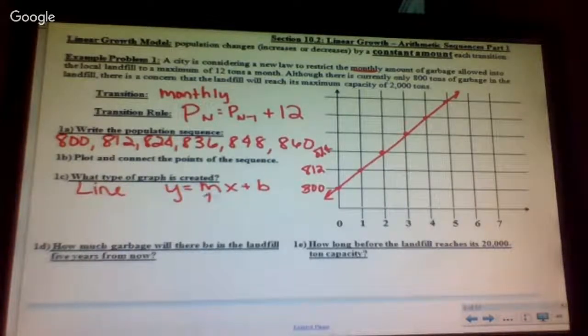Slope. Oh, we're going old school now. M is your slope, B is your what? Y-intercept. Okay, so y-intercept, starting point. Slope, how much it's going up by?